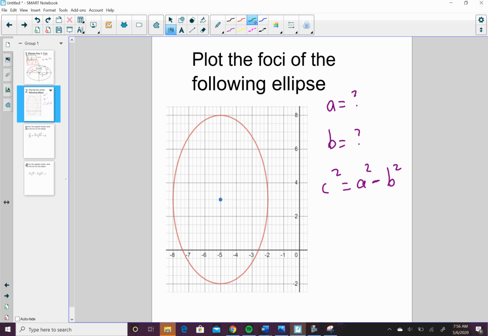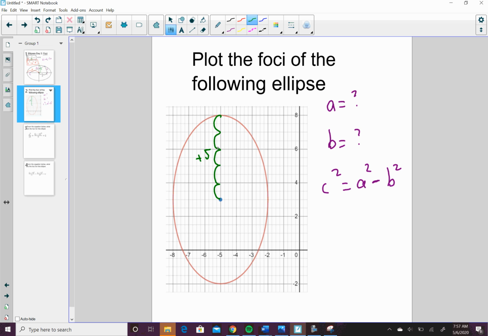No, no, no. All right, so a is the major radius. I know this is a vertical ellipse, which means my vertical radius looks like that's 1, 2, 3, 4, 5.